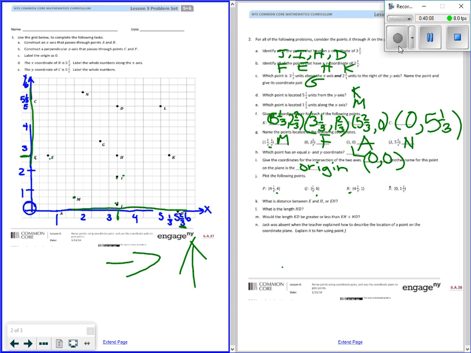4 1/3 and 4. I don't know this one. So 4, oops. Oh, you don't have a pen. Yeah, you do. Why isn't it doing anything? I think it's right here. That's 4.